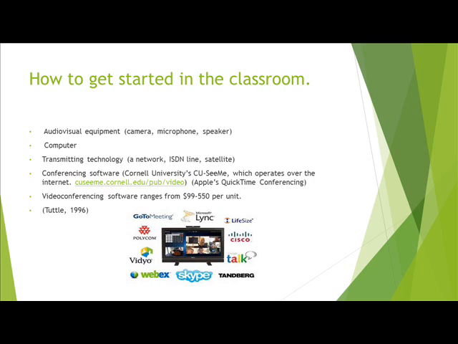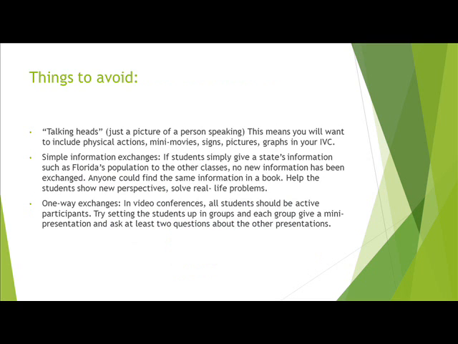Video conferencing software can range from $99 to $550 per unit. There's a picture below that has all of the different kinds of video conferencing software out there. You may have heard of Skype. That is one program available.